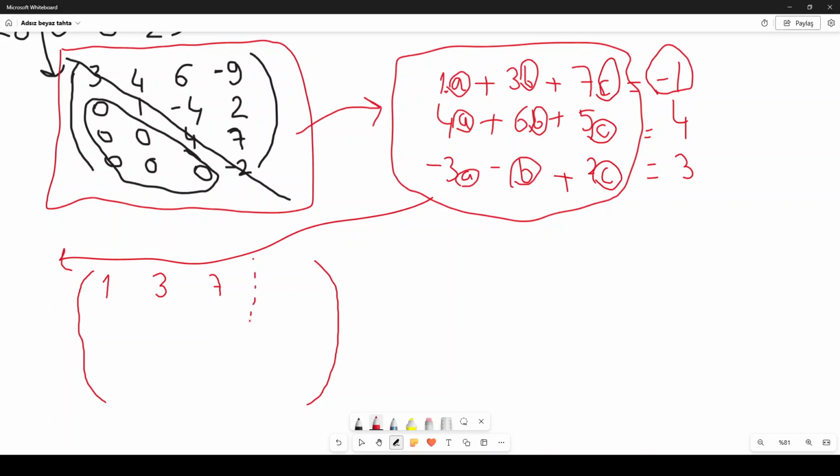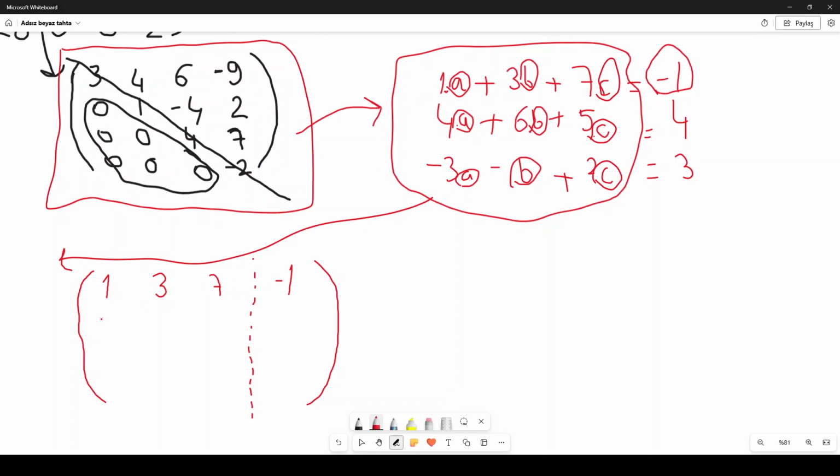I use either a dashed or a dotted line to indicate that the value to the right of this line is the value on the right hand side of the equation, for instance, minus 1 in this case. How about the second equation? Again, I look at the coefficients 4, 6, and 5, and I don't change the order.